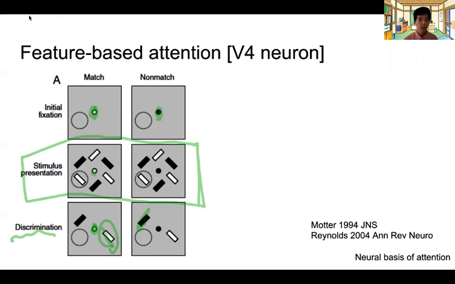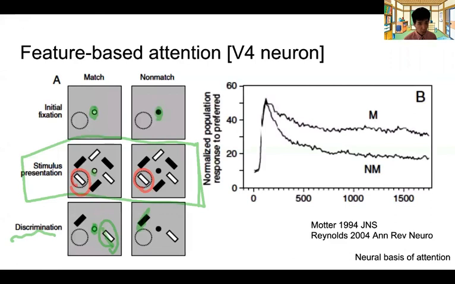Then the researcher can record neurons that have a receptive field around here, and make the stimulus either preferred or non-preferred for this particular V4 neuron. Okay, and when you do the recording in this situation, what they found was something like this.